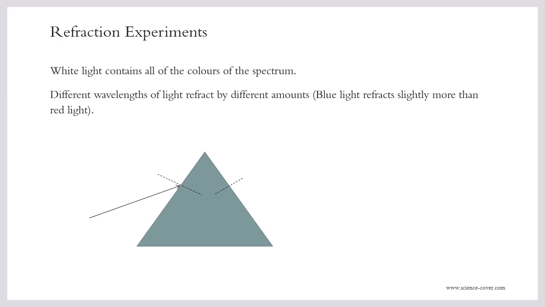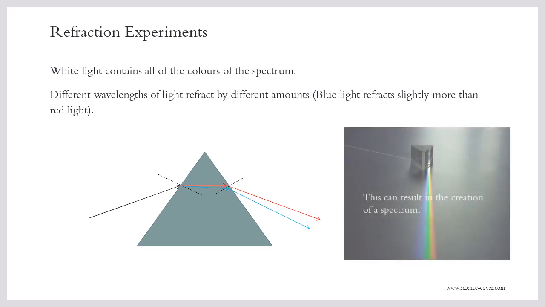So blue, for instance, refracts slightly more than red light. So if we place white light into a prism, the red and blue light take a separate path. When they leave the prism, they'll be traveling in slightly different directions. This is true for all of the different colors of light. And this is how a spectrum is created.